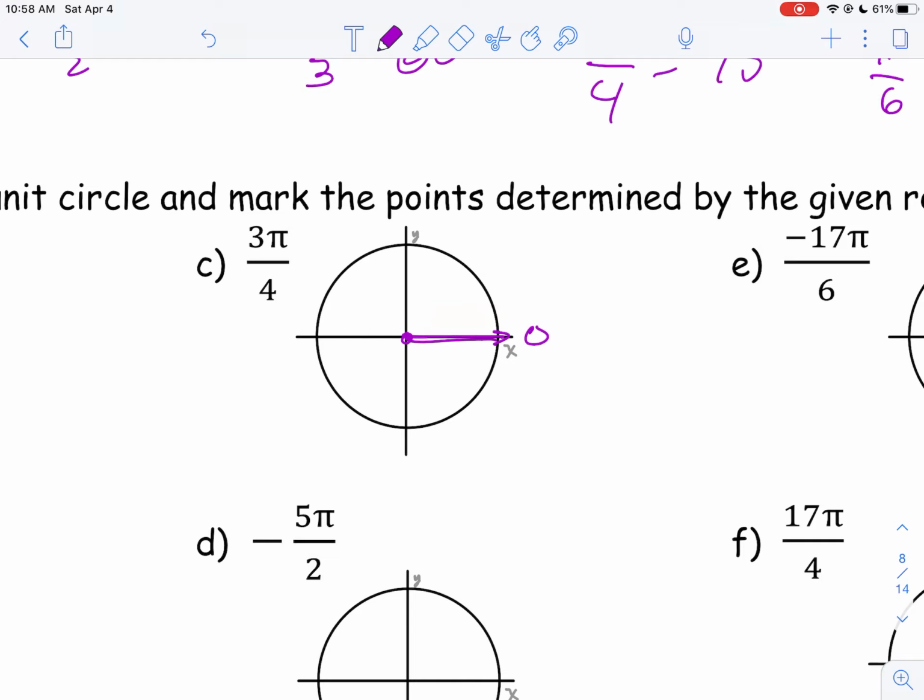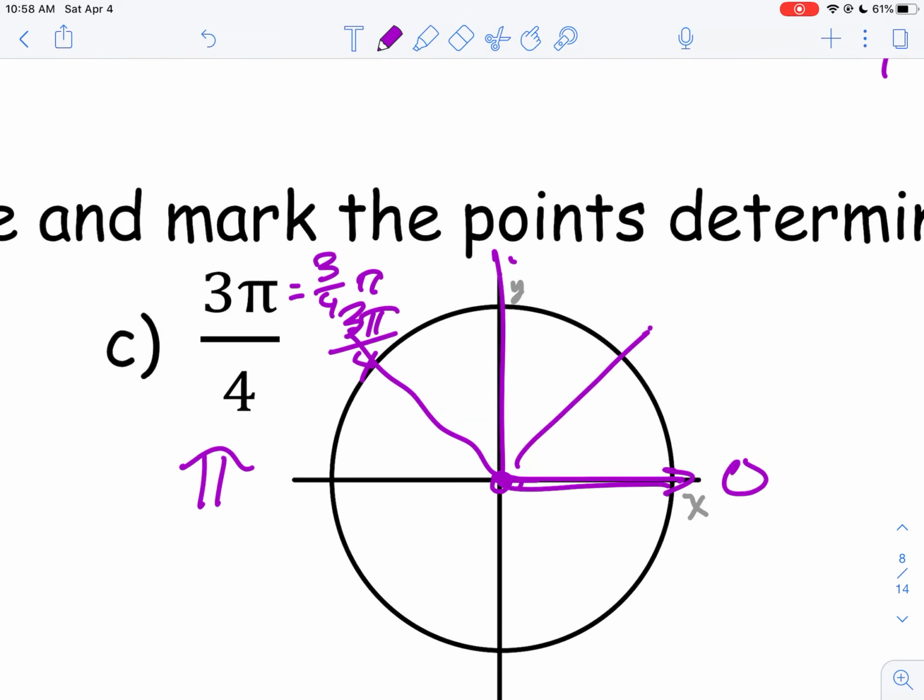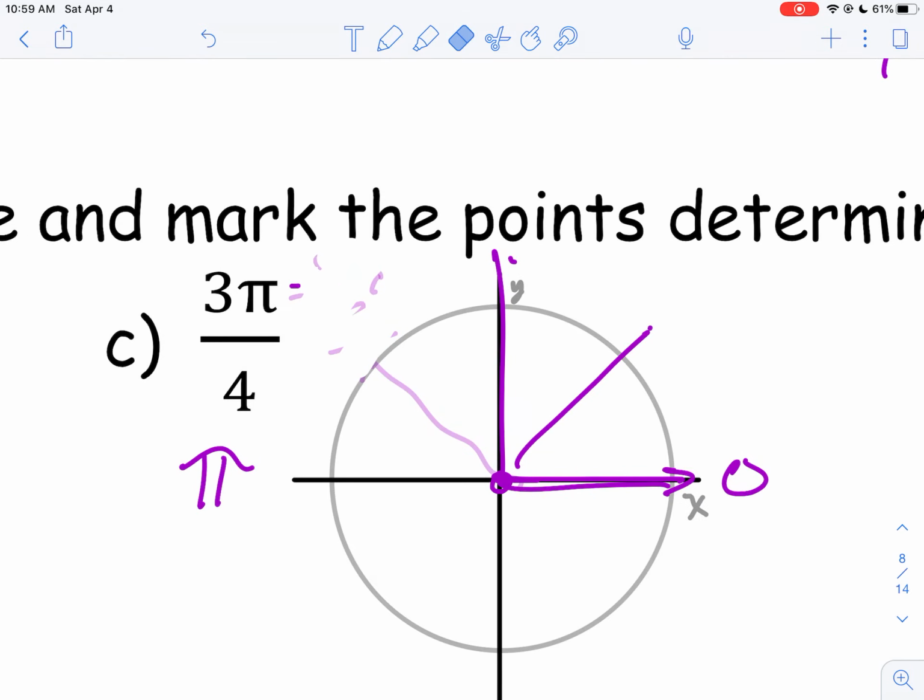So here we need to go 3 pi over 4, or we can think of this as 3/4 of pi. So I just need to chop this into quarters, and I need to go 3 of those. 1, 2, 3 pi over 4 is right here. And we're going to be interested in this reference angle quite a bit.